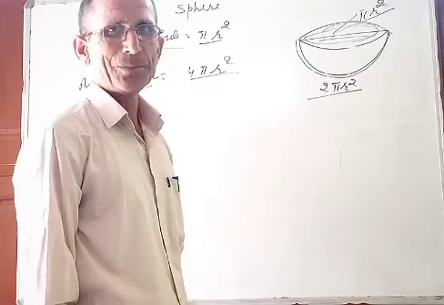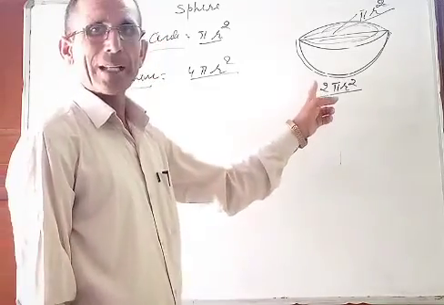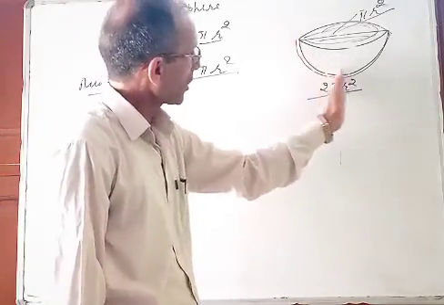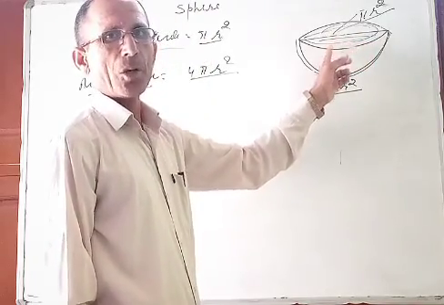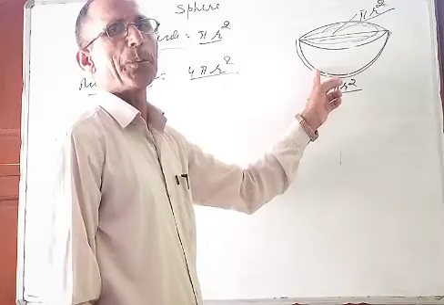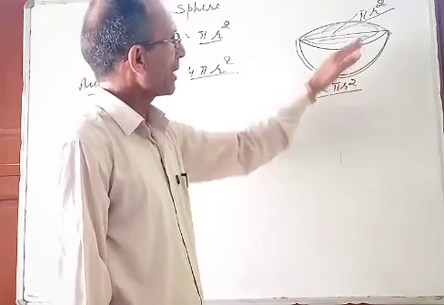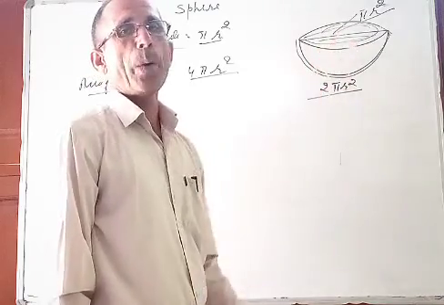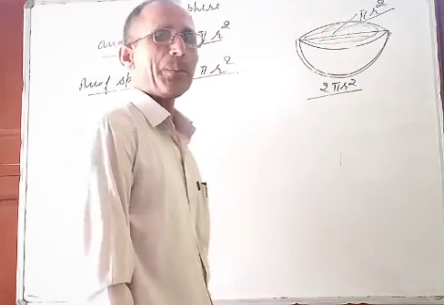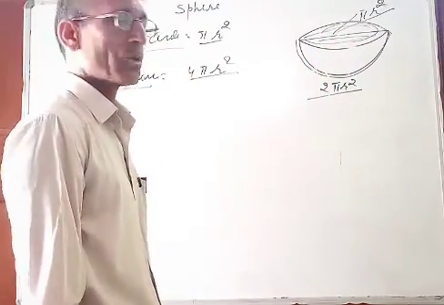Have you understood? So I will get the area of the hemisphere. One portion is curved and one is circular. There are two faces. So the area of the hemispherical portion is 2 pi r square and the circular one is pi r square. So the total surface area of a hemisphere is 3 pi r square. I hope you have understood.